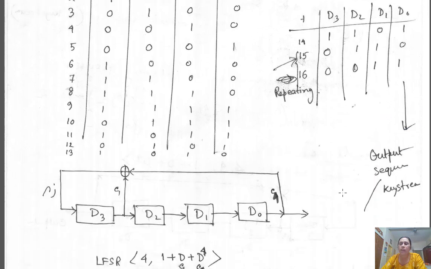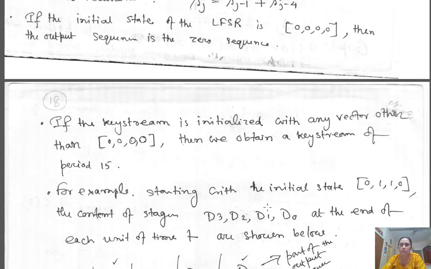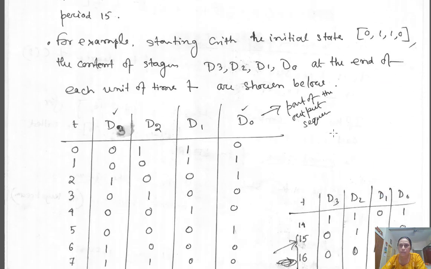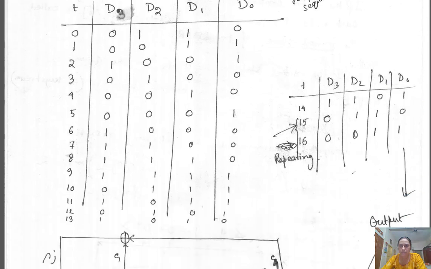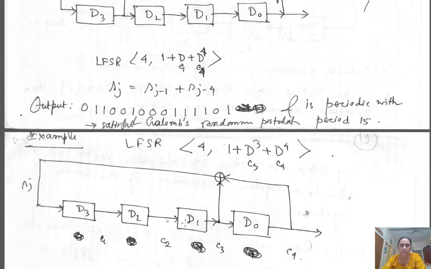This D0 part is the part of the output sequence, and it has period 15. I have written here that it satisfies Golomb's randomness postulates. What are Golomb's randomness postulates? We will discuss those things.